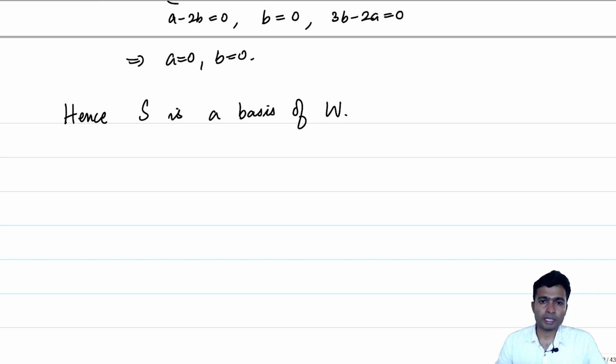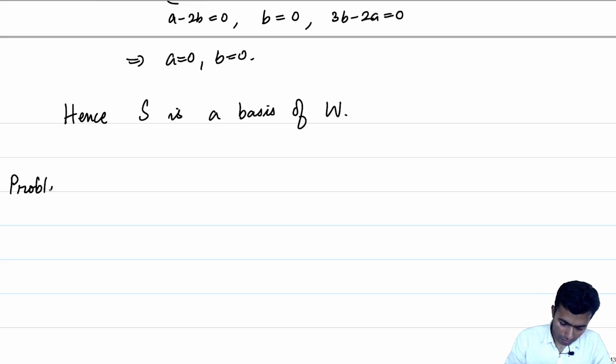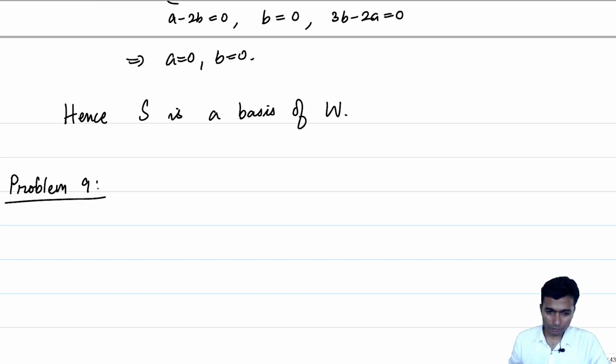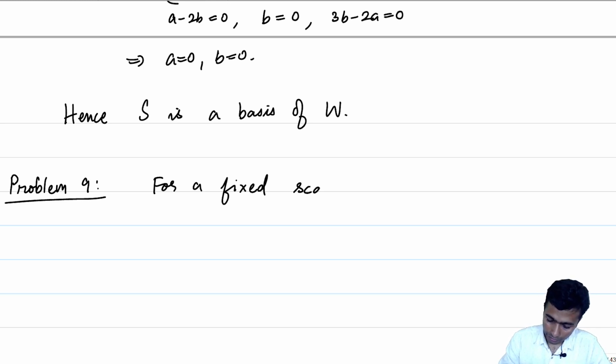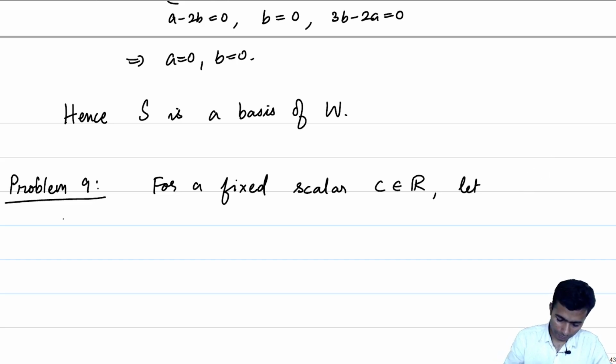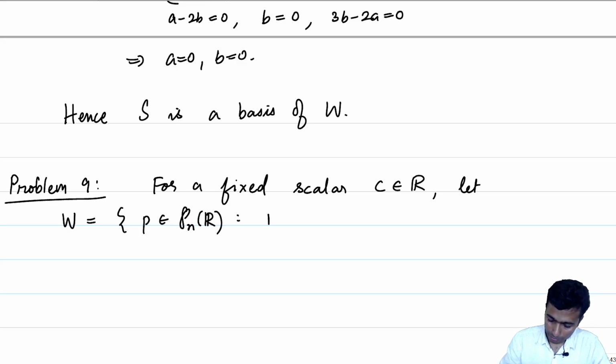So the next problem demands that we determine the dimension of our given subspaces. Okay, so problem 9. For a fixed scalar C, let W be the set of all polynomials in Pn of R such that P of C is equal to 0.